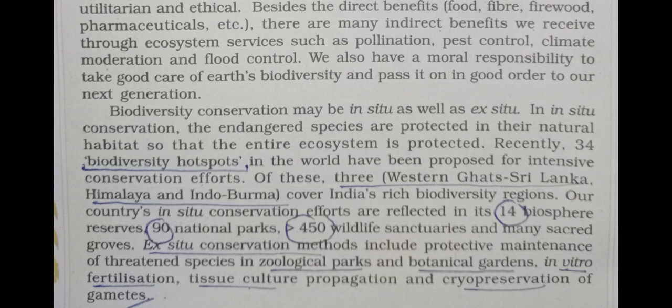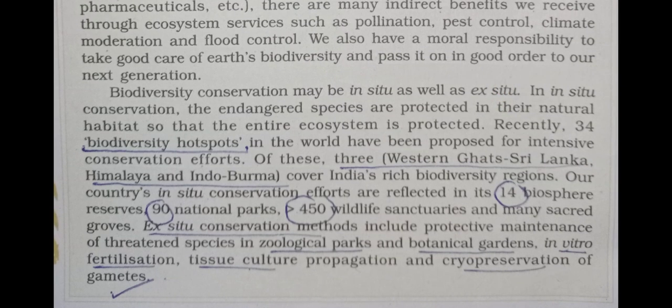Okay, as well as many sacred groves found in different states. Then if we talk about ex situ conservation, it is connected with zoological parks, botanical gardens, in vitro fertilization, tissue culture, plant propagation, and the last one was the method of cryopreservation. So thus we can say that this chapter is completed. Remember, one question of 3 marks will be asked from this chapter.